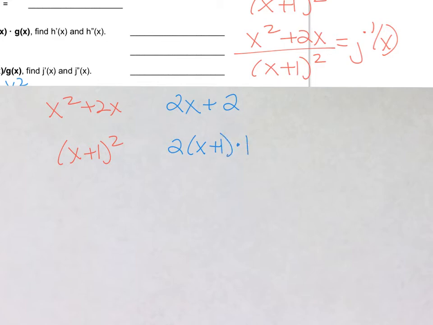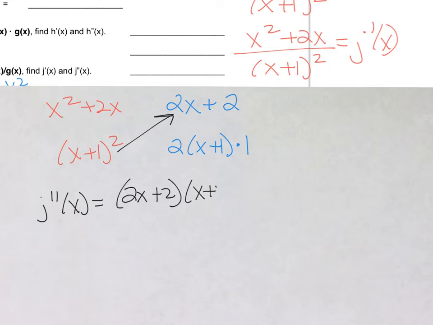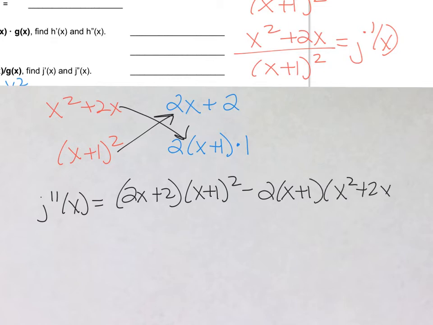So then the second derivative is low d high minus high d low all over low squared. So since it was already squared, I'm going to square it again.